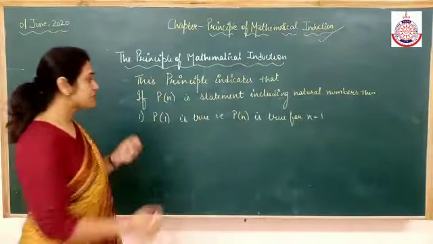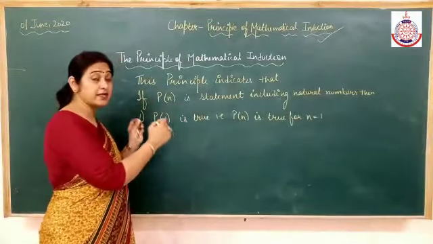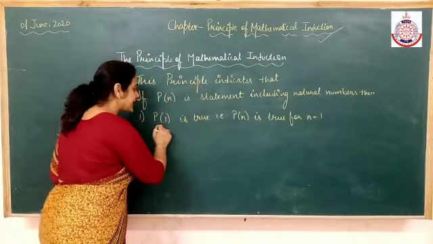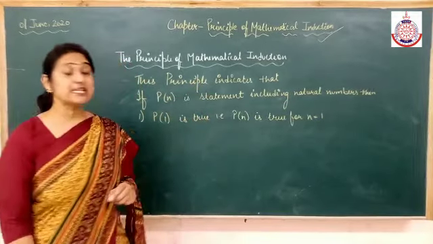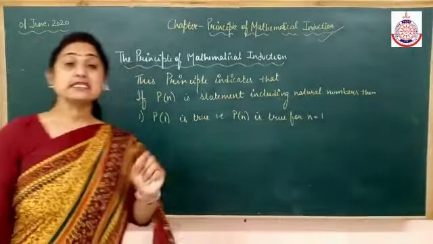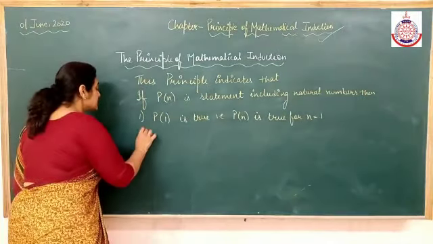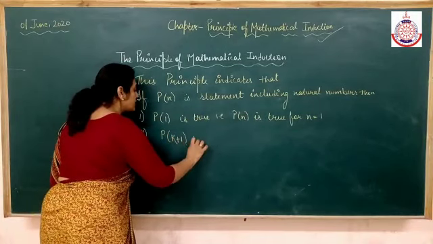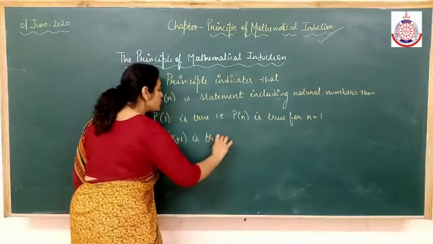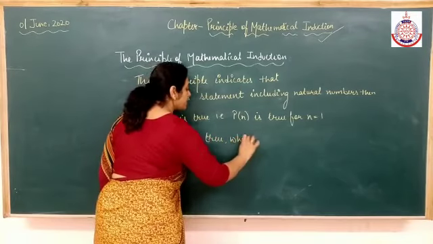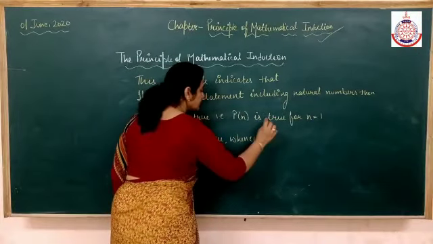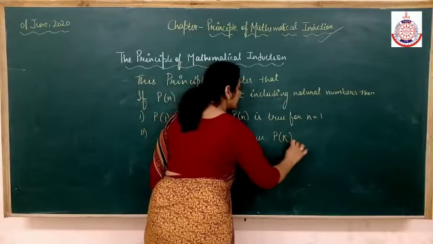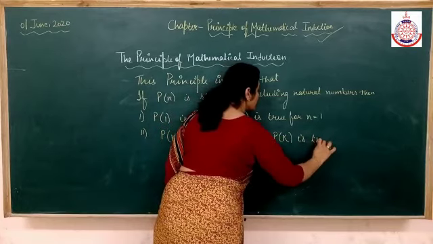So the first statement, what does this principle indicate? P1 is true. That means Pn is true for n equals 1. Second is Pk plus 1 is true whenever Pk is true.